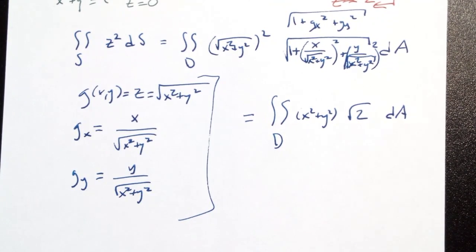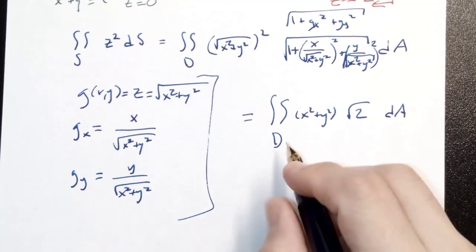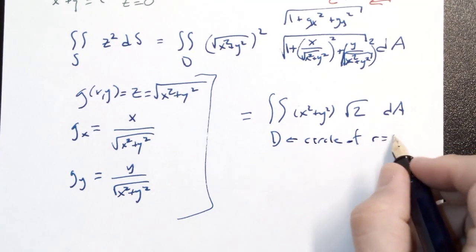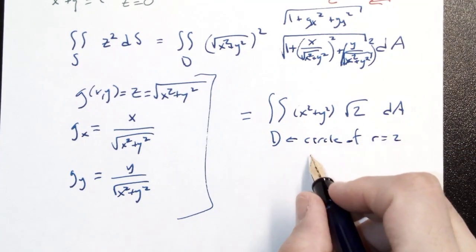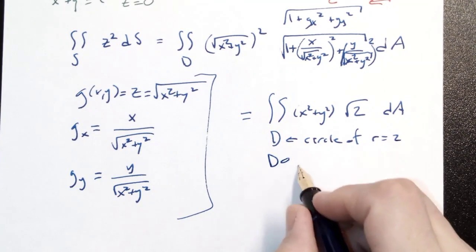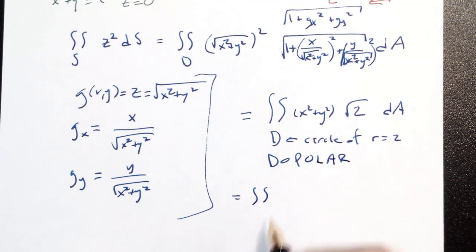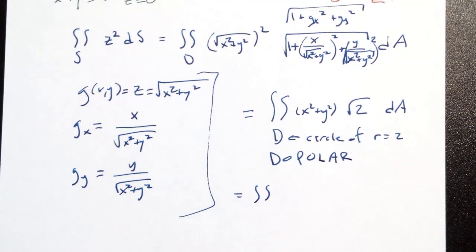What's the easiest way to do this integral? I'm going to do polar coordinates. Okay, switch to polar coordinates. What is this integral?